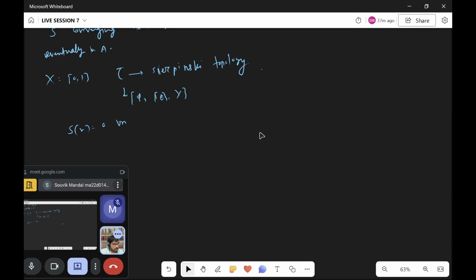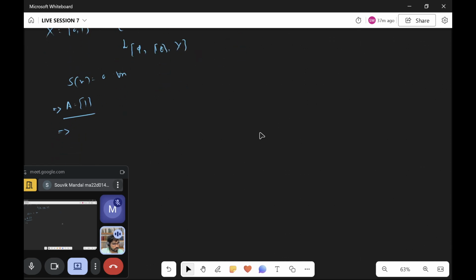Then this tells us that S converges to 1, but S is not eventually in A. So that is the argument.